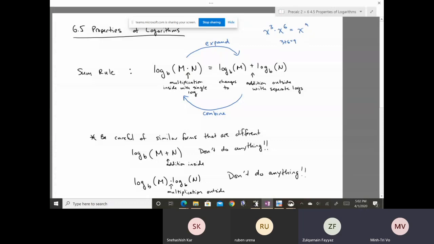For logarithms, the multiplication now occurs inside the logarithm, and you write the addition outside of the logarithm. It's essentially the opposite, because logs and exponentials are inverse to each other.